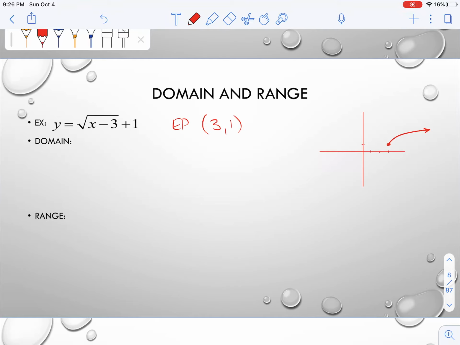Now let's think about our domain here for a second. If I look at what x values I have graphed, my x values start here and go to the right, and they will continue going to the right the whole way out through infinity. Okay, so I'm going to have all the x values that are x greater than or equal to 3, or from 3 through positive infinity.